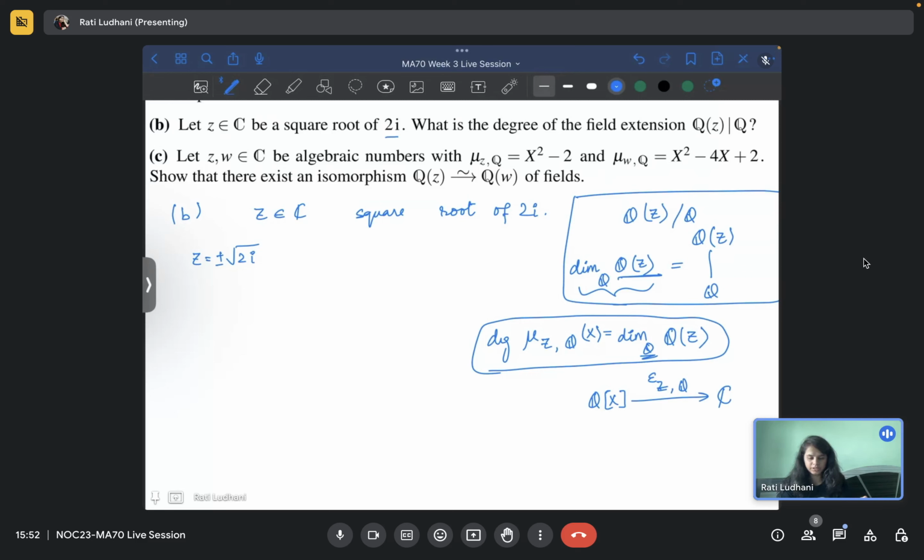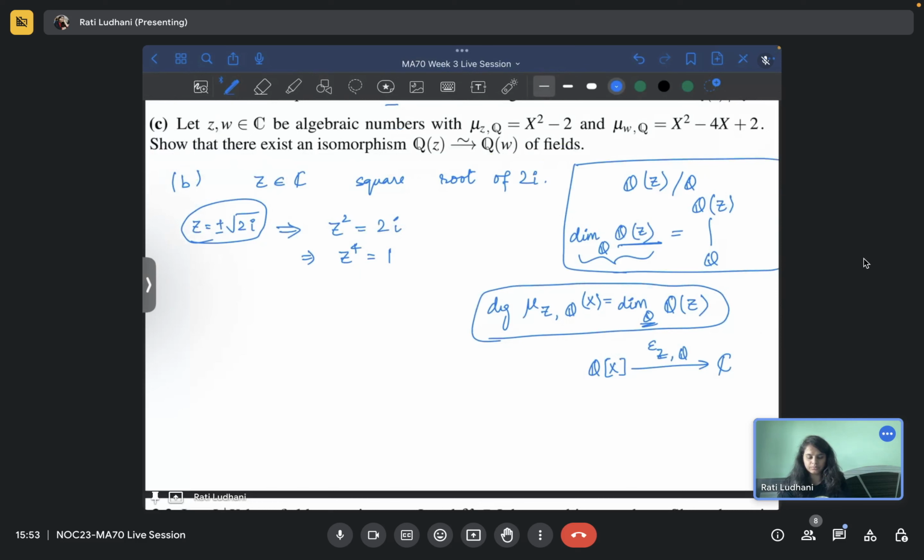You can actually do something clever. One option is always there: you can see z square is equal to 2i. You need to find a polynomial, so let's see what polynomial we can consider so that z is a root of it. From z square equal to 2i, I can go further and square it, and I'll get z to the fourth equal to 4 i square, which is minus 4, because i square is minus 1.